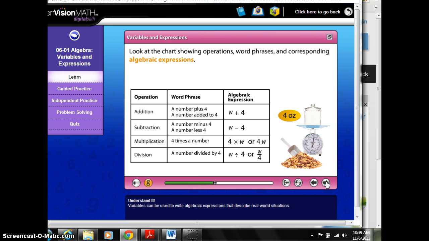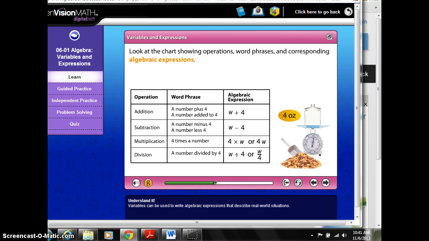That means 4 times W. Now, does it matter which comes first, the W or the 4? No, no matter. Okay. So like I mentioned before, when you take a number and you multiply it times a variable, instead of using that multiply sign, they just squeeze them together, and it means to multiply.